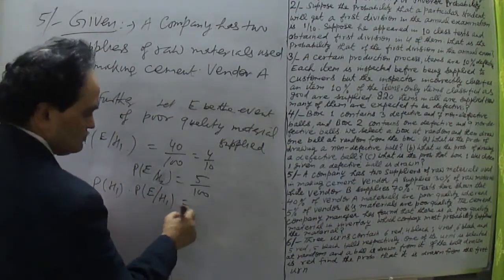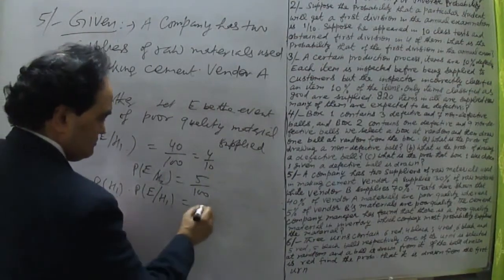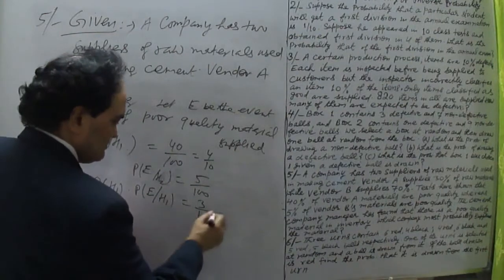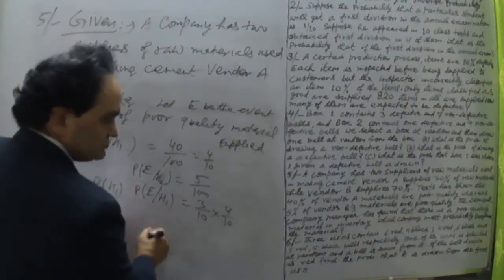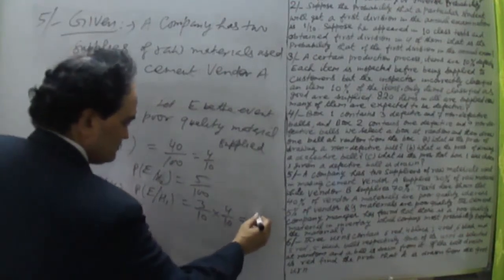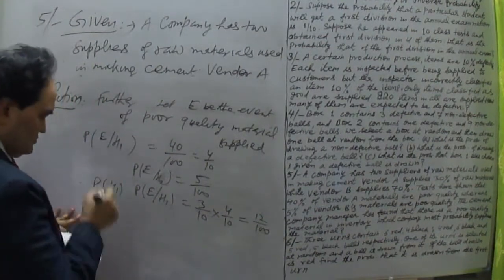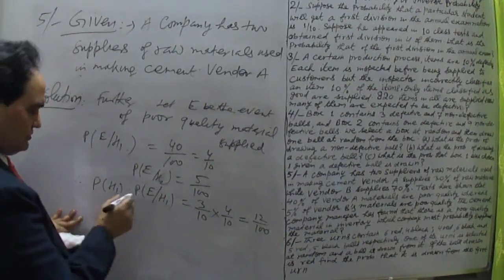This is equal to: the first vendor supplied 3 upon 10, 30% of the material, into 4 upon 10. So this comes out to be 3 fours are 12 upon 100, that is 0.120 we can say.